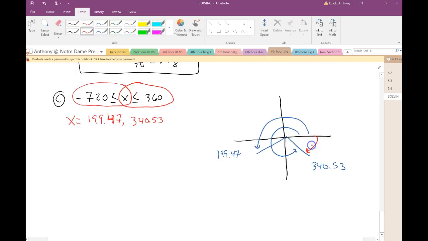So this value is my first solution, correct? How do I get that? I subtract 360 from this. Well, what kind of angle is that red angle now?